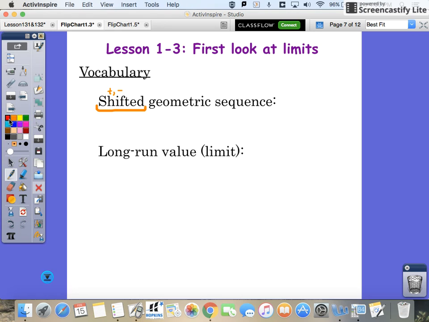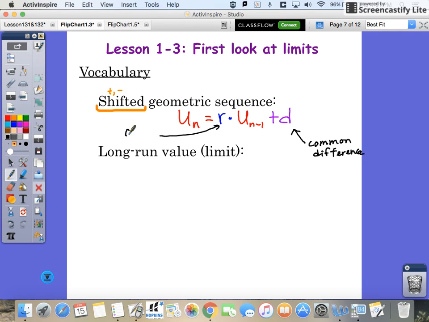So a shifted geometric sequence is going to look like u sub n equals r times u sub n minus 1 plus d, where d is still the common difference, and r is the common ratio.